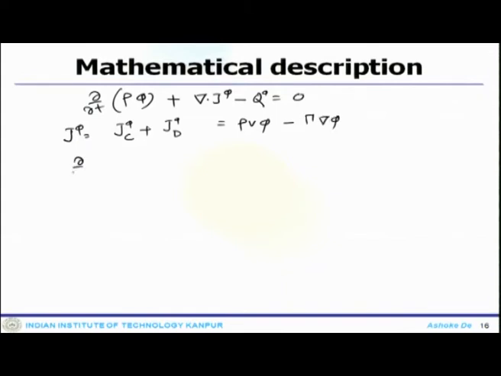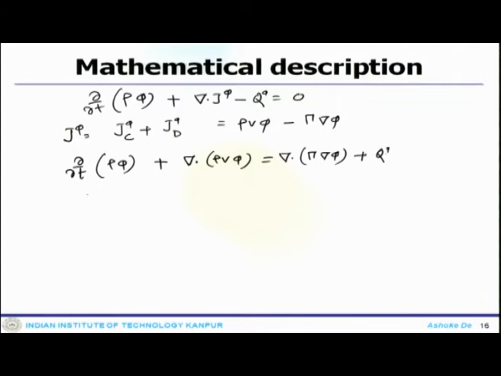So the equation becomes del del t of rho phi plus del dot rho V phi equals del dot gamma del phi plus Q phi.